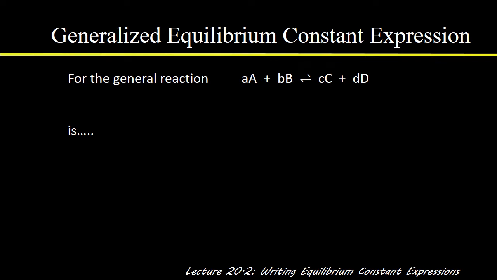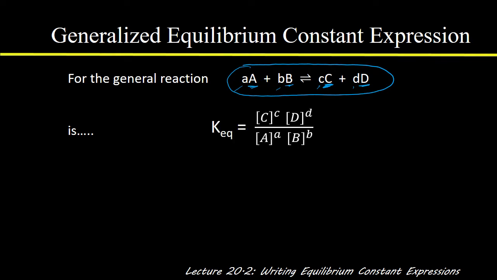And so if we have this balanced equation, for example, where A reacts with B to create C and D, those are the capital letters, and the small a, b, c, and d are the stoichiometric coefficients, then the equilibrium constant expression is just this fraction here.